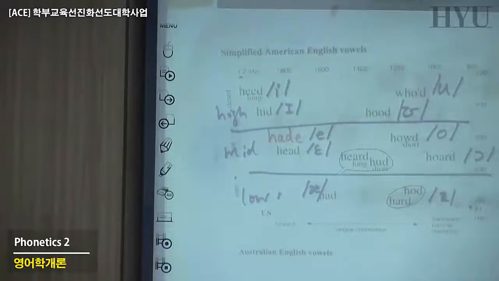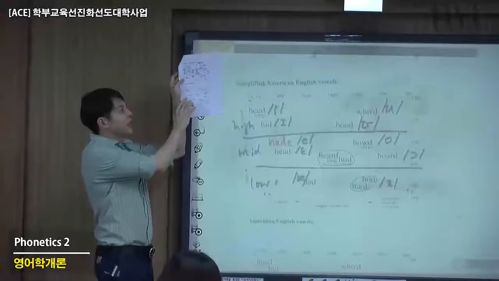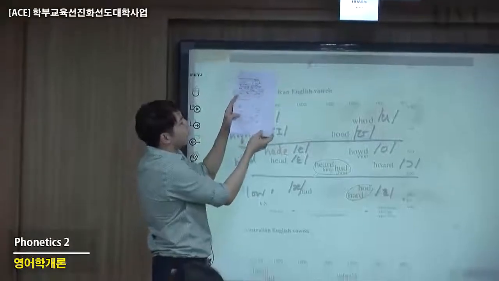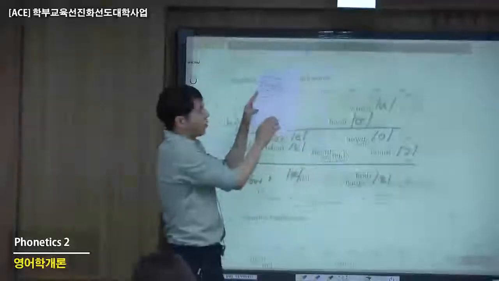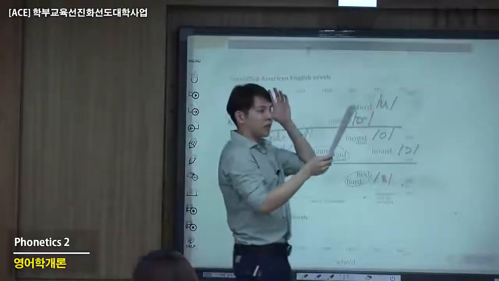Sorry. Anyway, you can see that there is another chart, right, on the same handout. But that chart represents Australian vowel sounds. And you can see that the values of the vowel here are somewhat different from American English vowels, right?